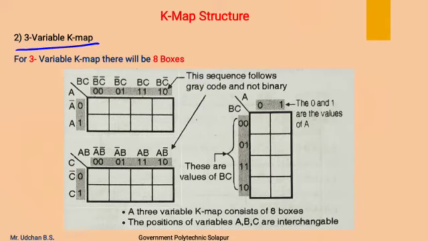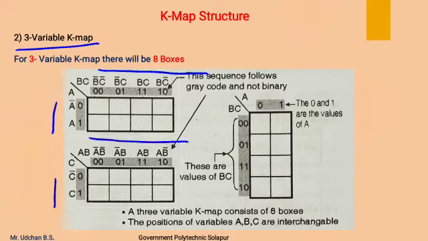In this, the a variable is written vertically and the bc variables are written horizontally. In this, the c variable is written vertically and the ab variables are written horizontally. In the other way, bc variables are taken vertically and the a variable is taken horizontally.